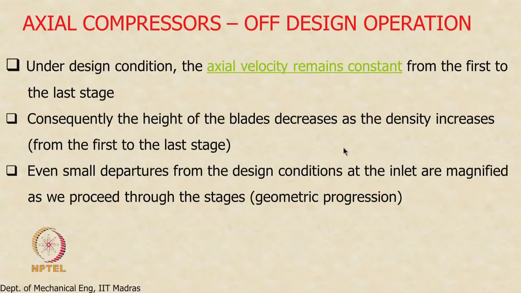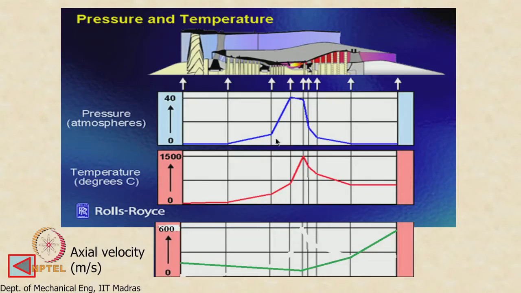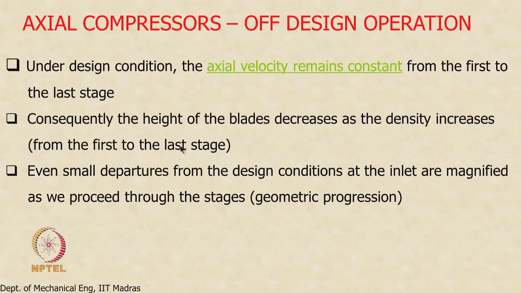So, the height of the blade decreases as the density increases. Previously we had the blade height at the beginning, which you can see here is quite large. So, this is the blade height, and you can see the blade height decreasing as you go from the first to the last stage here. Then when you go to the high pressure stage, you can see the area reducing even further, right. So, the height of the blades decreases when you go from the first to the last stage.